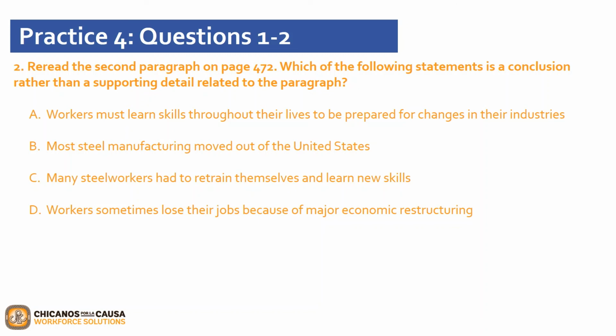Therefore, options B, C, and D are not correct. This leaves us with the correct answer and conclusion of answer A. Workers must learn skills throughout their lives to be prepared for changes in their industry.